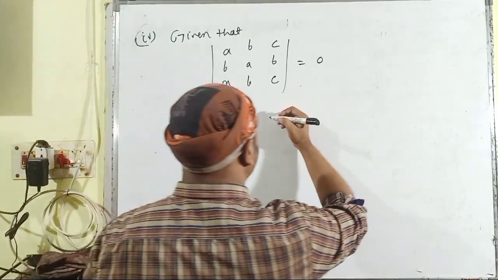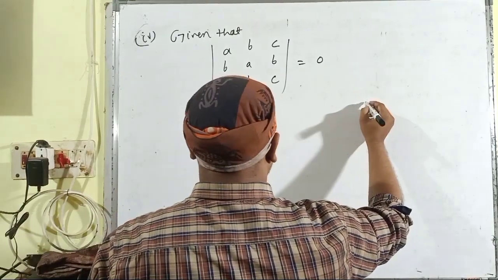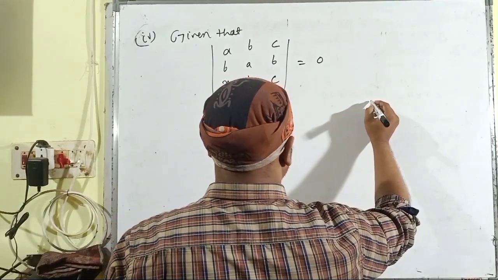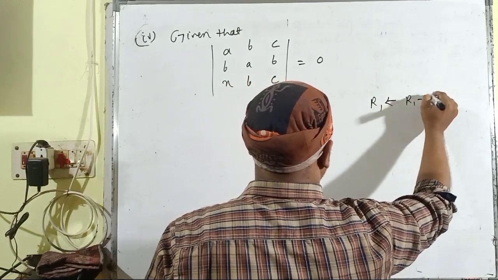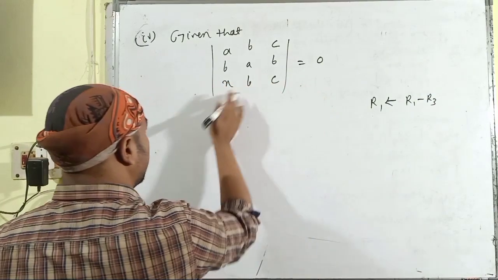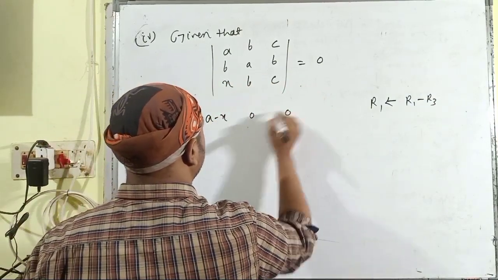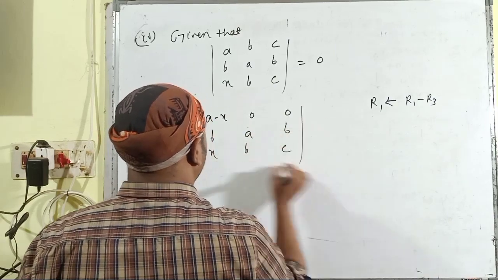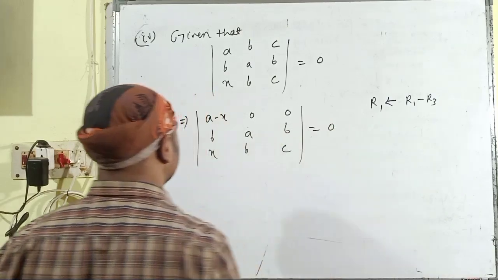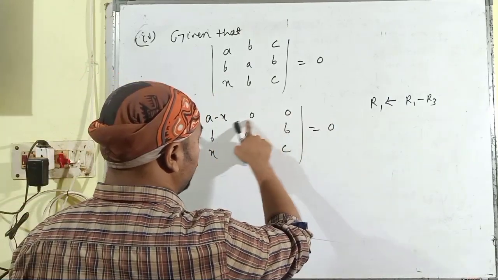So we just have to make some changes: row 1 is replaced by row 1 minus row 3. Then we get a minus x, then 0, then 0, with rows b a b and x b c, and you can see that here row 1 contains two zeros.